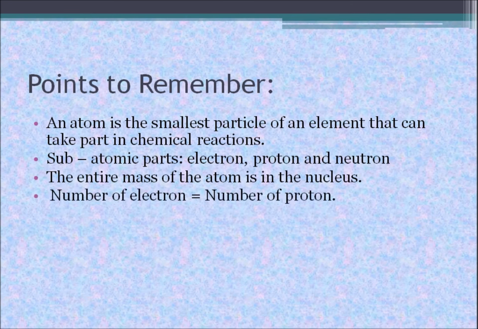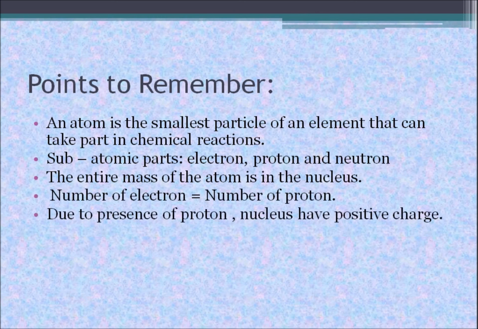The number of electrons is always equal to the number of protons for a normal element. Due to the presence of protons, the nucleus has a positive charge. As we know, neutrons don't have a charge; they are neutral. They do not carry any kind of negative or positive charge.